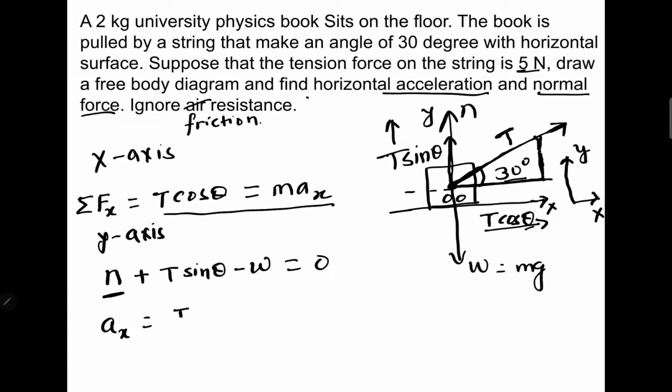Acceleration will be T cos theta divided by m. Let me plug in all the values. T is given here, which is 5 Newton, multiplied by cos 30 degrees, divided by the mass, which is given. The mass of this object, the book, is 2 kilograms.